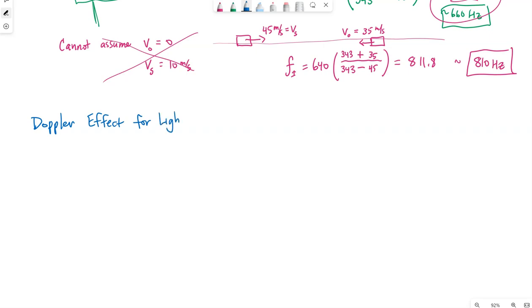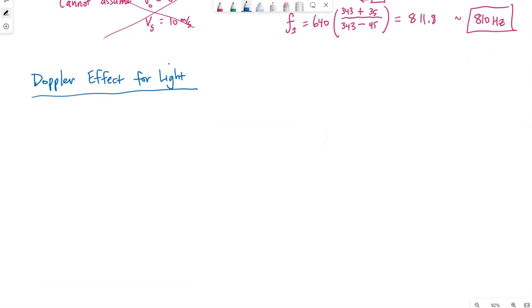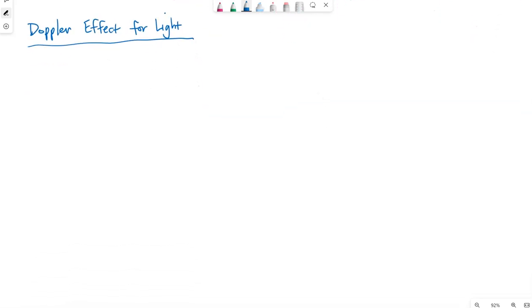We cannot observe it with just our eyeballs. Our eyes are not sensitive enough to see that. But if we have what's called a spectrometer, which spreads all the different wavelengths across a larger space, we call it a spectrum.